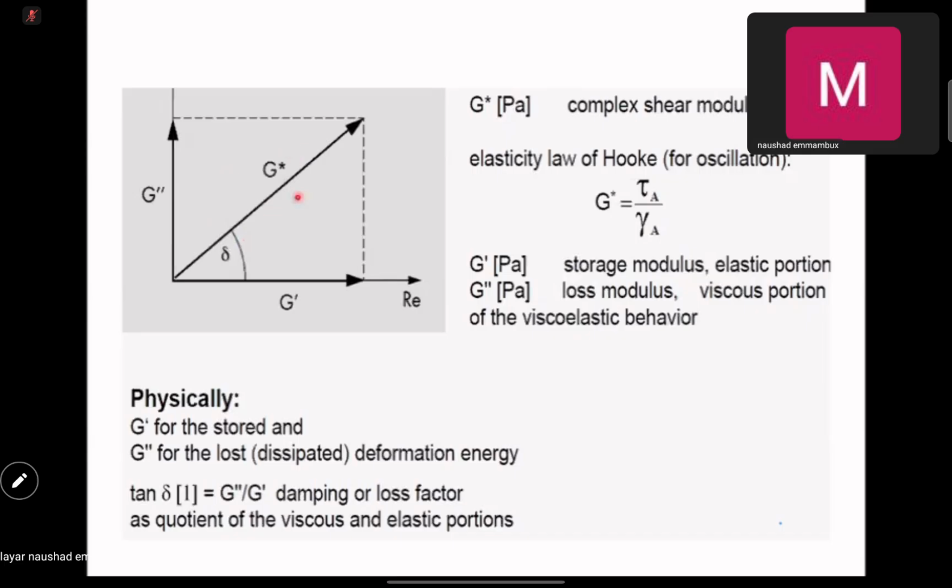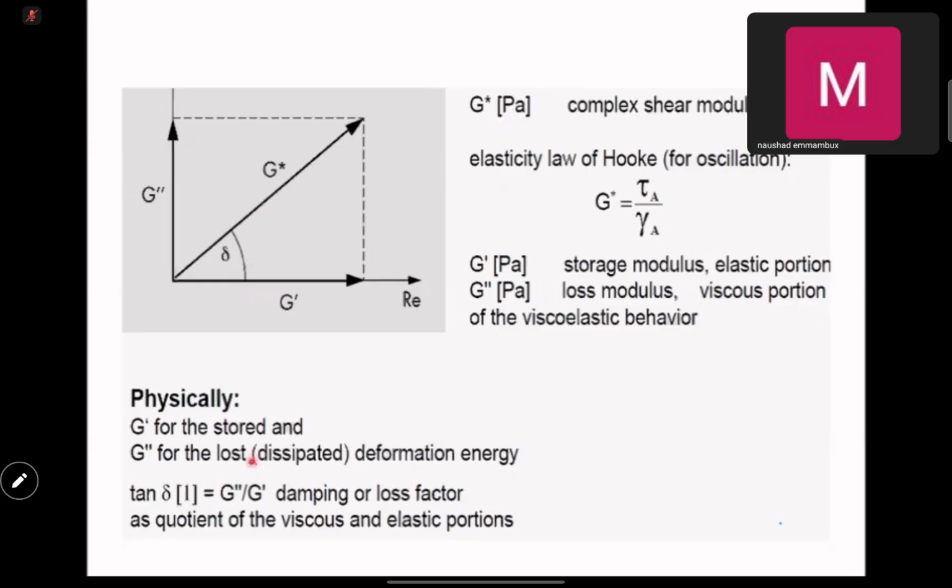The complex modulus is the shear stress divided by the shear strain within the linear region. And then the machine can also give you the phase angle. So if you have the complex shear modulus and the phase angle, you should be able to calculate G prime and G double prime based on trigonometry.